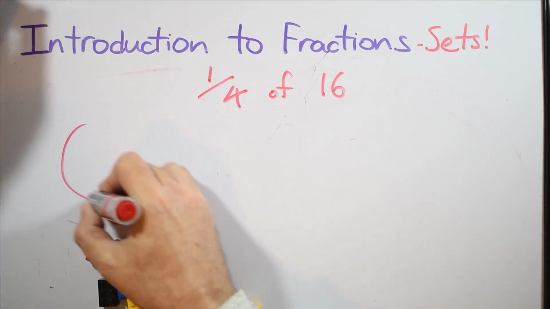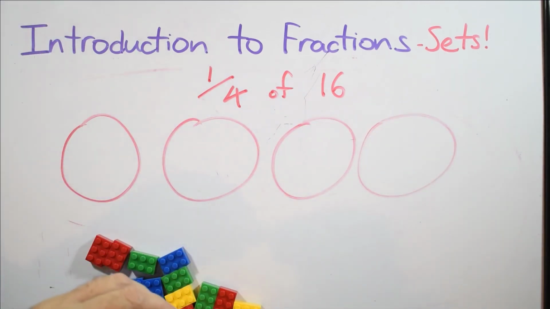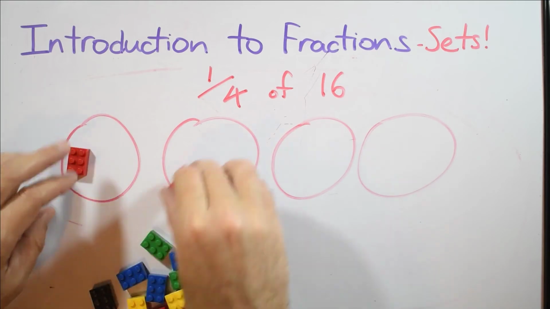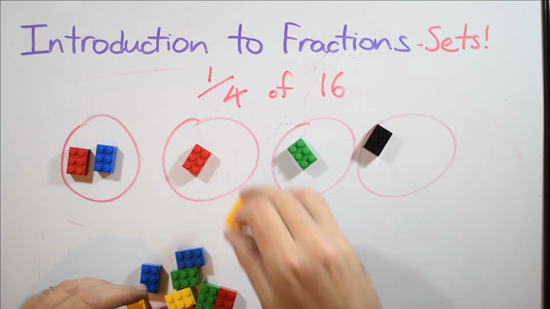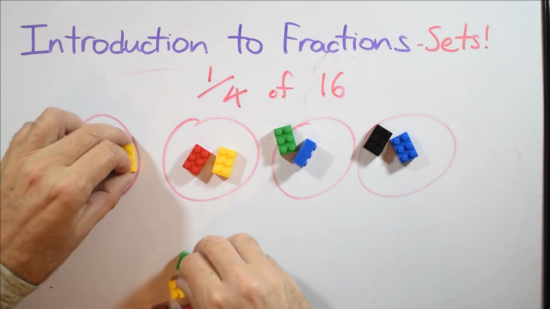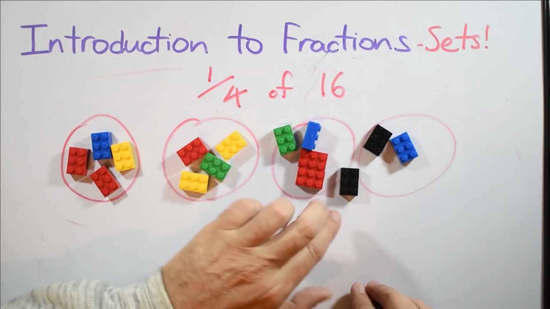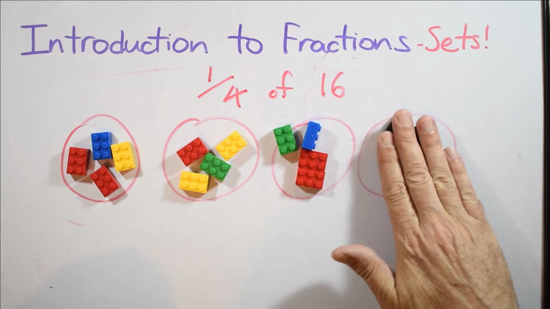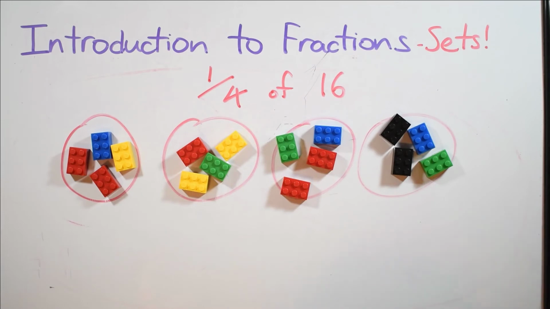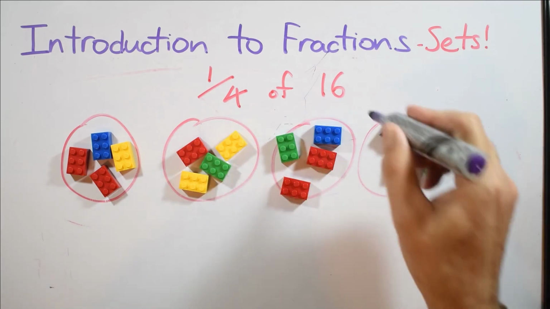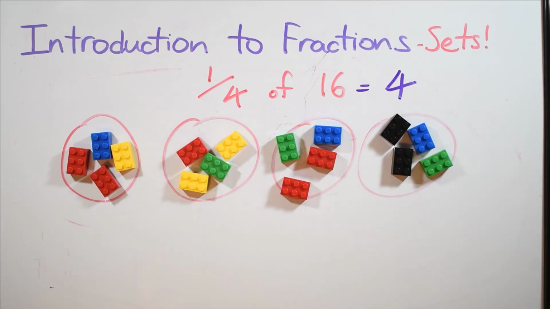But say I wanted to figure it out for myself, I might put 4 circles like this and equal share them out, 4, 5, 6, 7, 8, 9, 10, 11, 12, 13, 14, 15, 16, right? So you can see that 1/4 of 16 equals 4. There's 4 in each of those sets.